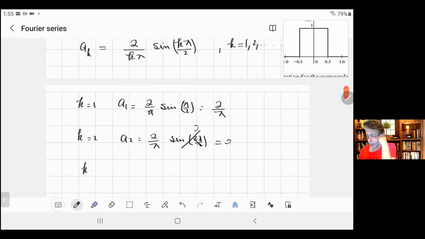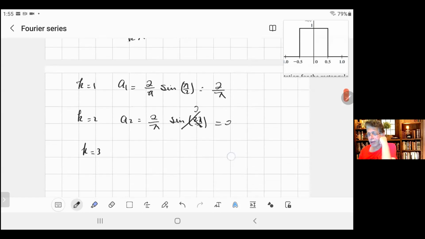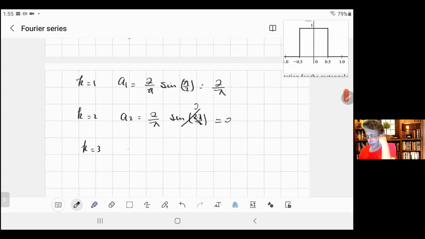If you go for k equal to 3, I'm just trying to check if we have some formula here. A3, you have 2 over pi sine 3 pi over 2. 3 pi over 2 gives minus 1, so you have minus 2 over pi. Obviously it will be rotating between 2 over pi, 0, and minus 2 over pi. So when k equals 2, 4, and 6, when it's even, the value will be equal to 0.